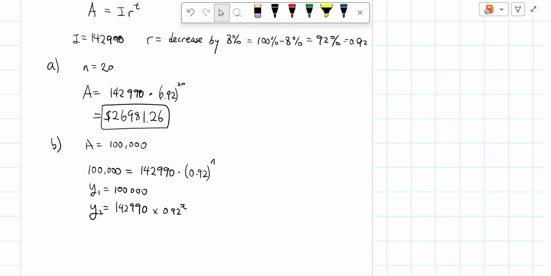So right off the bat, I know that my first line, y 100,000, is a horizontal line at y equals 100,000. So I'm going to assume my y maximum to be extremely high. So I think it's going to be good if I choose my y maximum to be, let's say, 150,000.